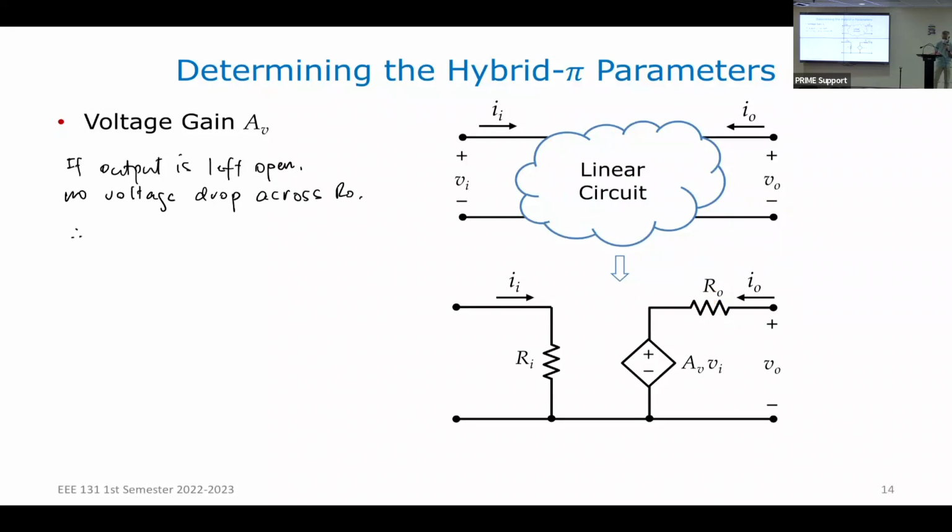Therefore, V sub O will just be equal to A V times V sub I. Therefore, this voltage will just be equal to this voltage, the voltage drop across R sub O. No? Again, where V sub I is a test voltage applied at the input.